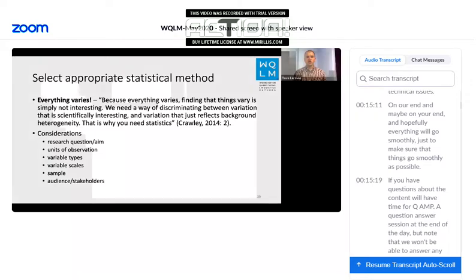So you may publish a peer-reviewed research article using statistical modeling, and then you may give a talk to some teachers on that same study, and you may choose to simply report descriptive statistics because you know that they'll understand the mean, maybe some measure of variance, and other ways of looking at the data, and it's not necessary for that particular audience to be given additional statistical tests. So audience plays an important role.